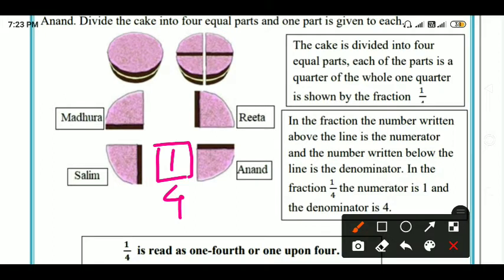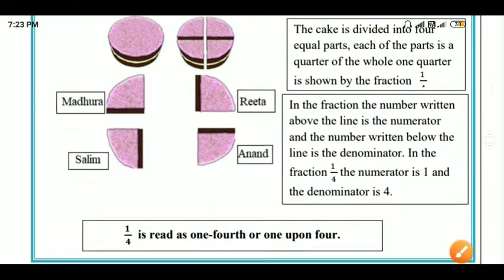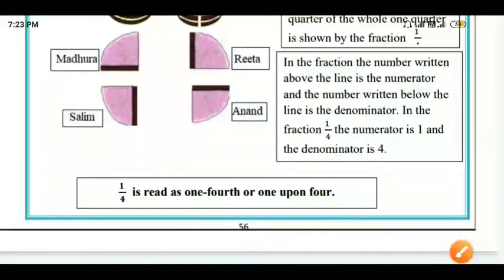The number written below the line is the denominator. 4 in this fraction is the denominator. In the fraction 1/4, the numerator is 1 and the denominator is 4. 1/4 is read as one fourth or one quarter.